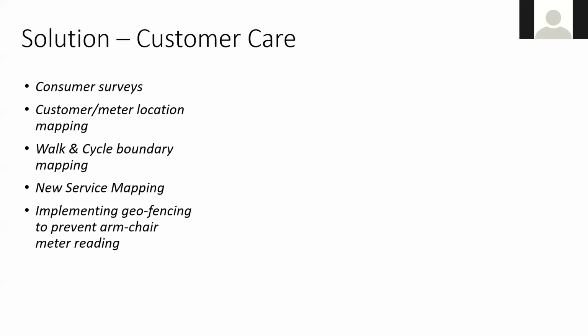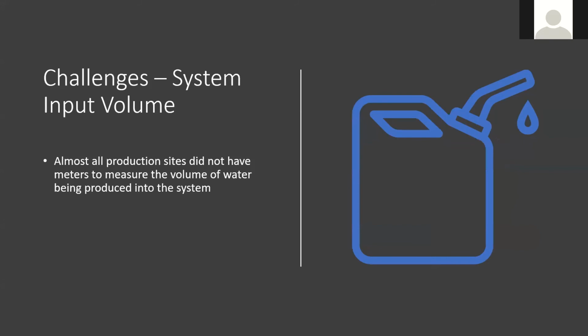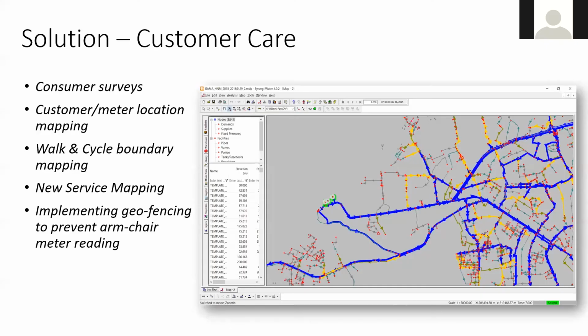So what we did to address that issue is that we started off with a consumer survey that captured or swept the whole area. This helped us, one, to map our customers. It gave us also an idea of who our prospective customers would be. And it helped us a lot to also weed out illegal connections at the time.